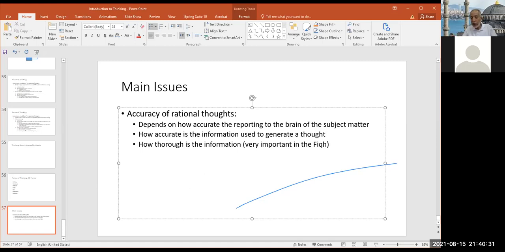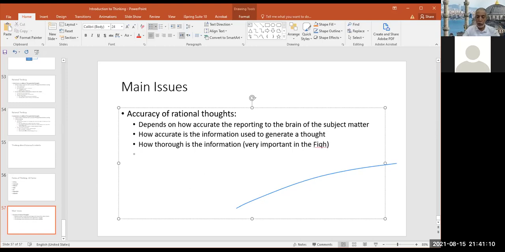There are other hadiths, and maybe the other hadiths provide a specialization of the mutawatir, absolutely accurate hadith. So your judgment will be invalid or inaccurate, or will be lacking, if you are not using the thorough information. So it's the accuracy, the thoroughness, the completeness of the information, and of course, this has to do with the subject matter and the information.